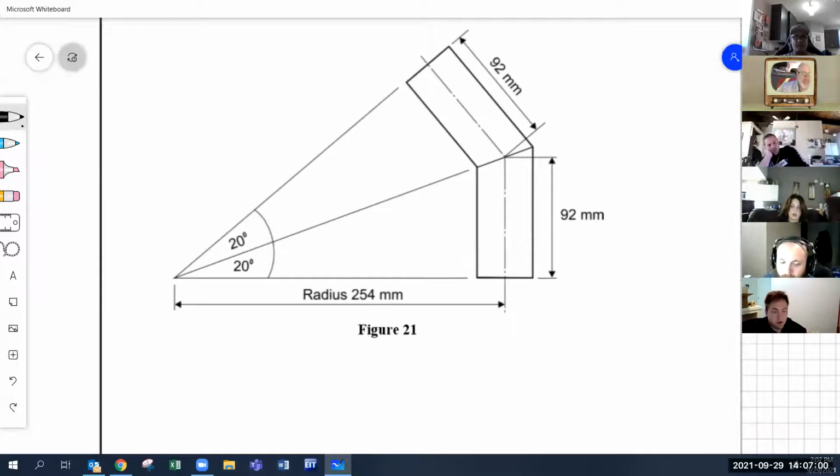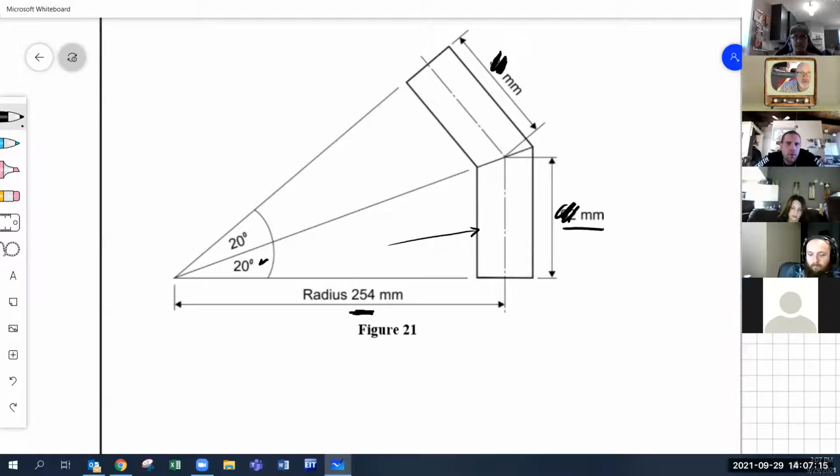Now, if we didn't know this measurement, if we didn't know what this was or what this was, we could simply take our radius of 254, that's this line, with our angle, and we could figure out this. We want the side opposite. We have the side adjacent, and we have the angle.